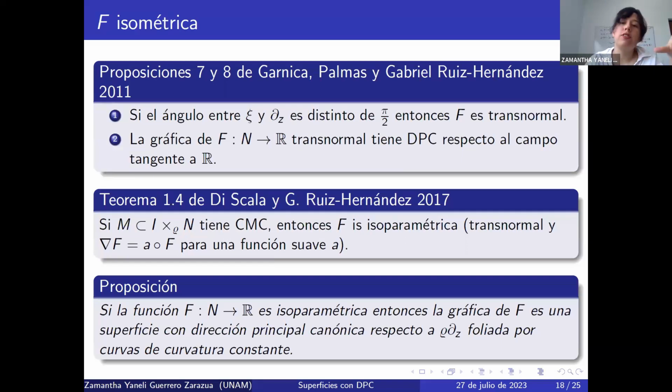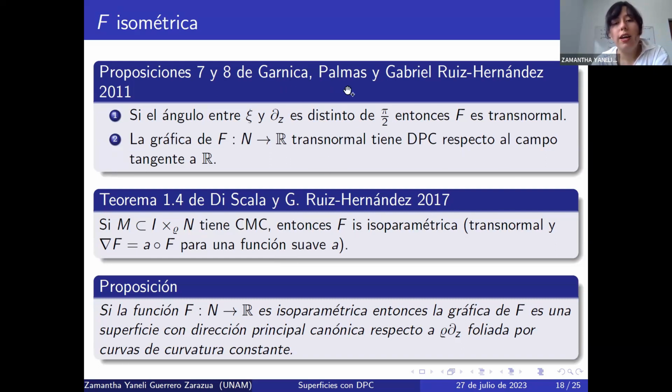Now, I had asked you to remember the fact that if the graph of F had canonical principal direction, then F was transnormal. We're going to come back to that.